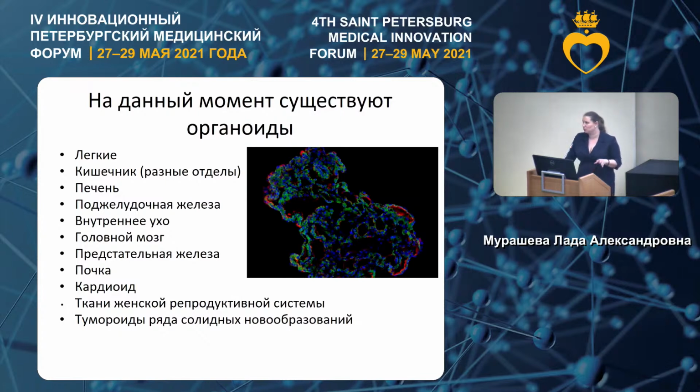Currently, there are a lot of organoids, practically for all organs and systems of the organism. Organoids of the lung were used right now during the pandemic for studying the interaction of coronavirus COVID-19 with lung tissue cells.